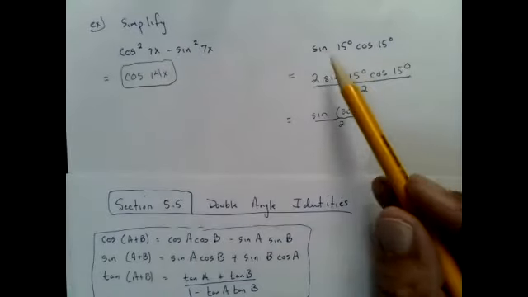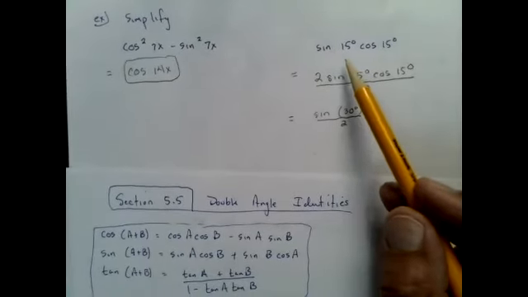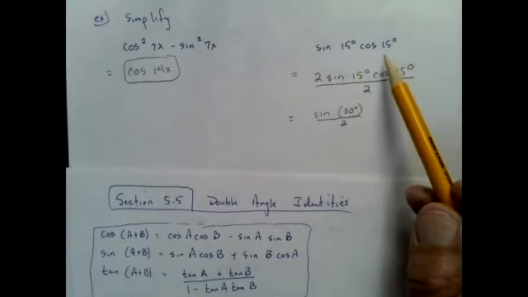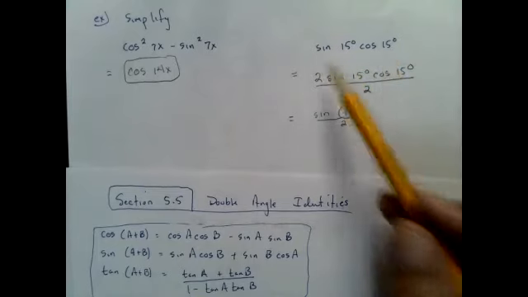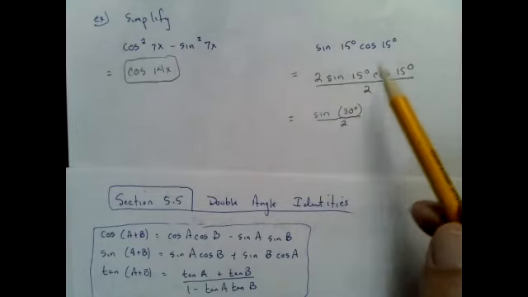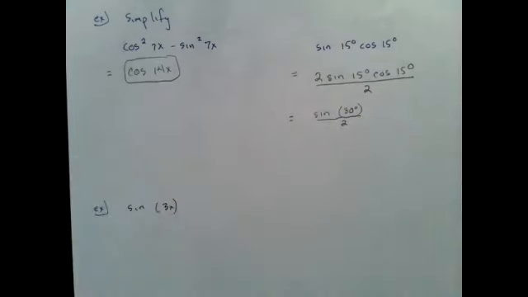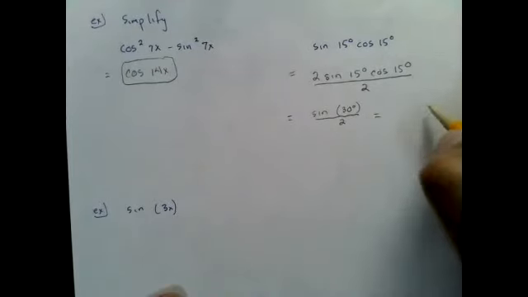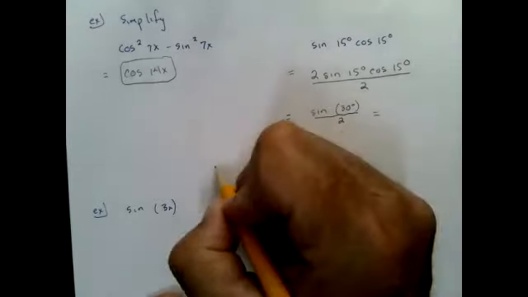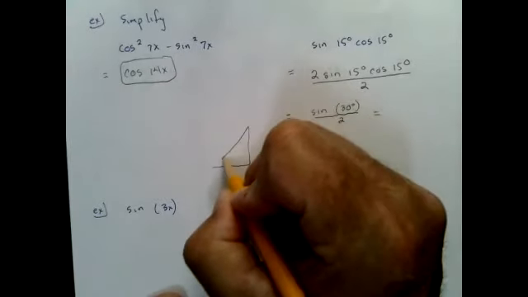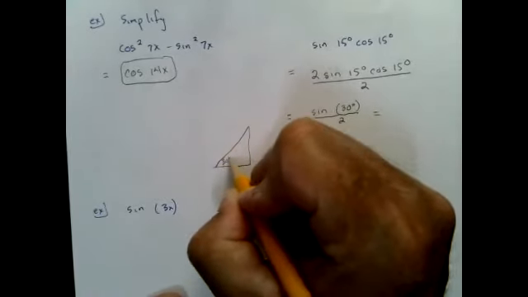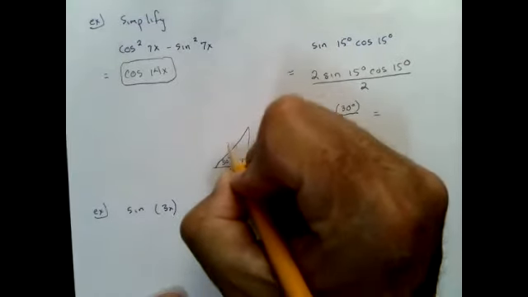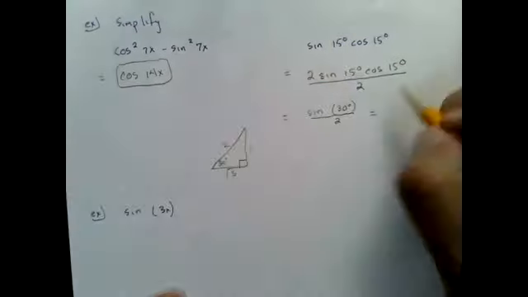And if I get to something like this, I can actually solve it and find the exact value. Brought in the 2. Change that to the sine of 30 degrees. What's the sine of 30 degrees? 1/2. Are you sure? It is 1 over 2.